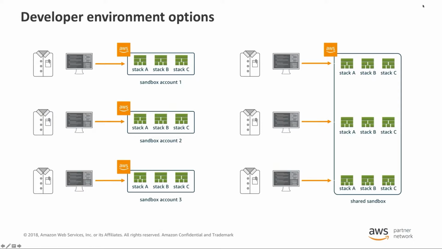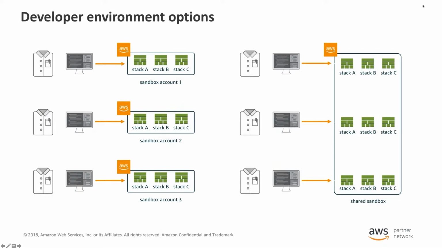Instead, the actual CloudFormation stack itself becomes the container that your application lives inside of. As a result, you have a couple of different options when it comes to how you manage environments for individual developers.